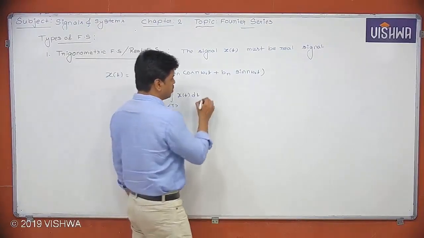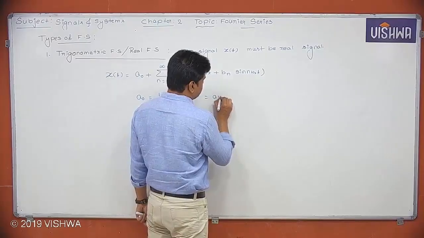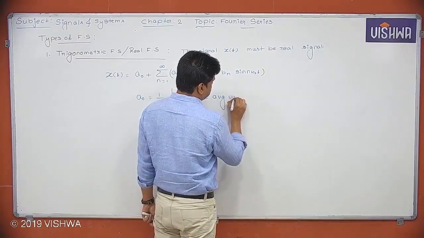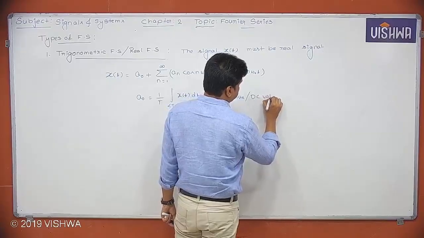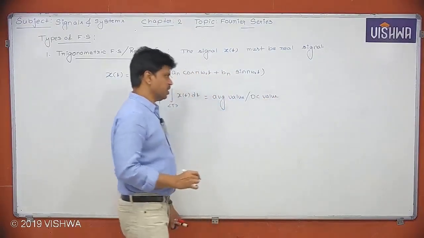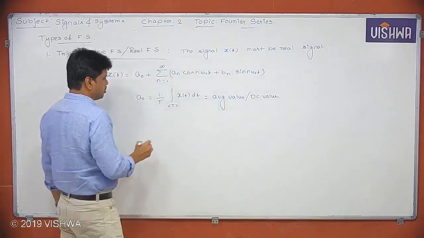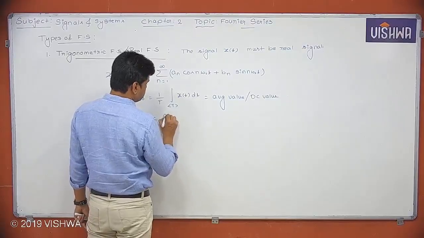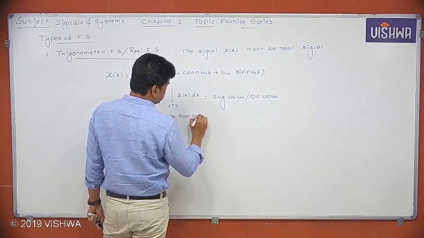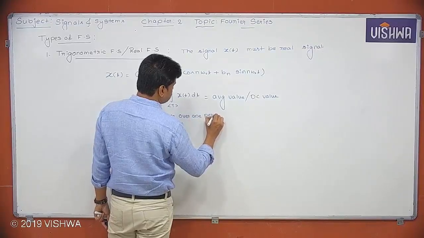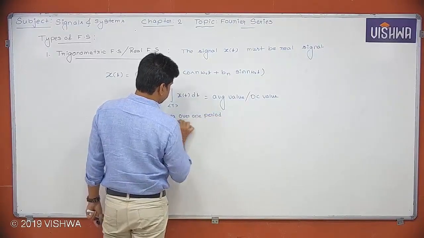So this is nothing but the area over one period divided by the period.